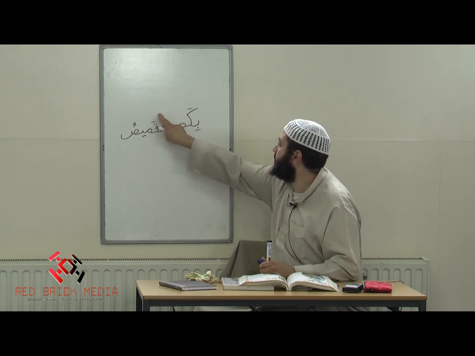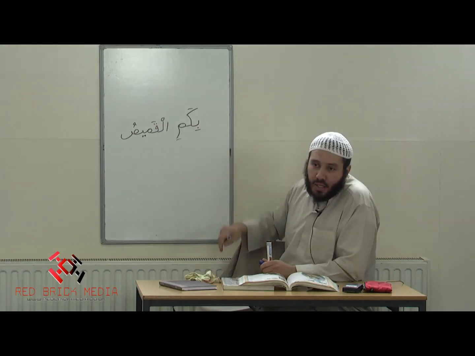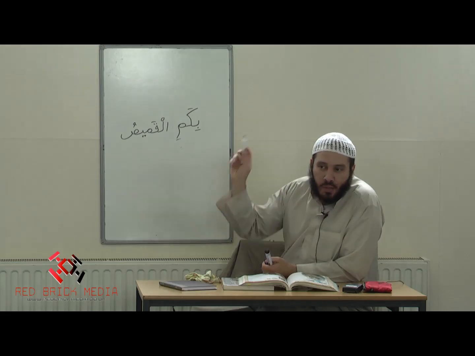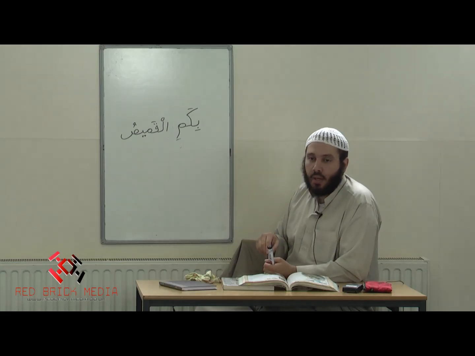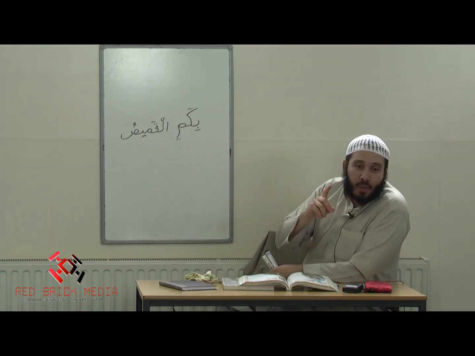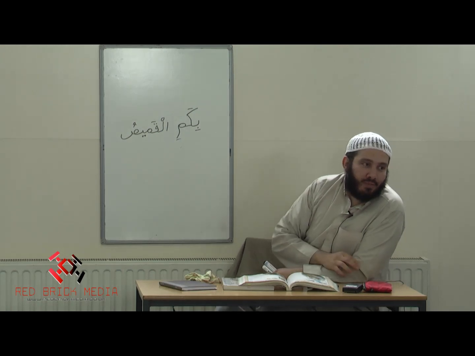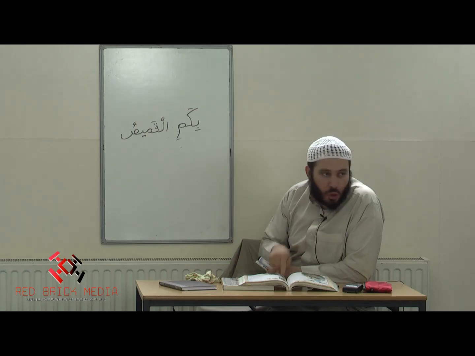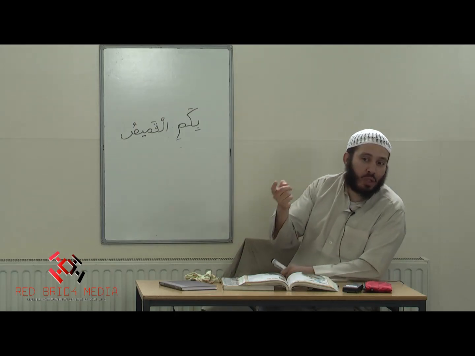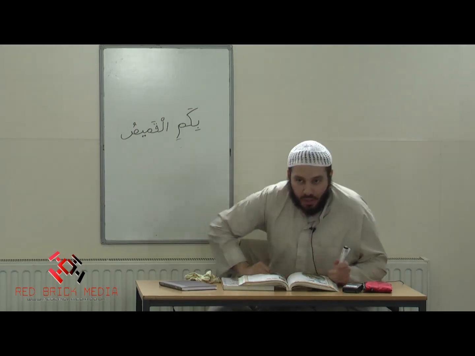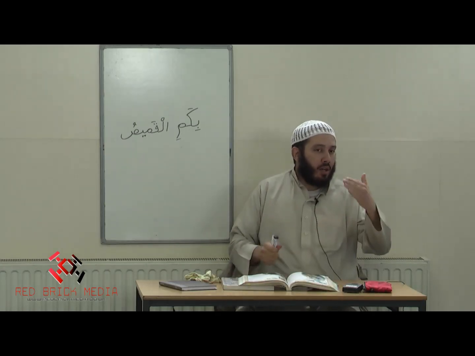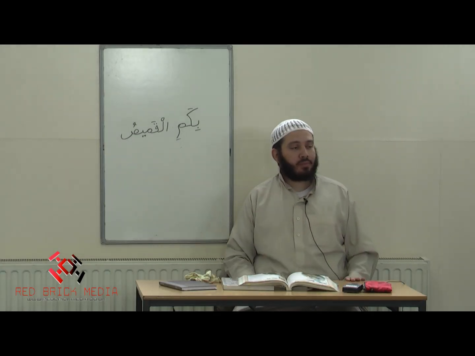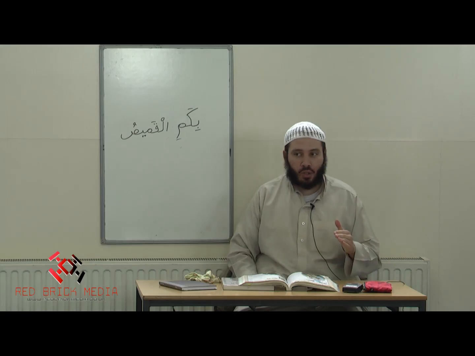Okay, brothers. This B is very important. Why? Because it comes back in the answer. The shopkeeper will answer with the B by saying al-qamisu bi. The shirt is 4.